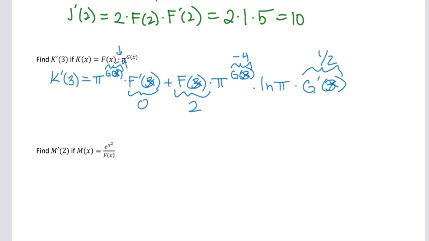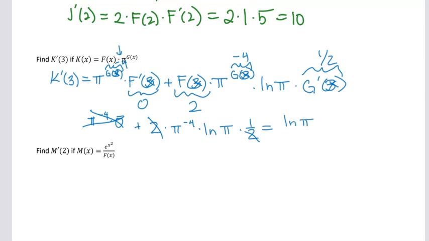Okay, so this first chunk, we have a pi to the -4, but that's times 0, so that's actually going to drop out completely. But then we have 2 times pi to the -4 times the natural log of pi times 1/2. So the 2 and the 1/2 will cancel. And then I'm just going to do a tiny bit of rewriting.